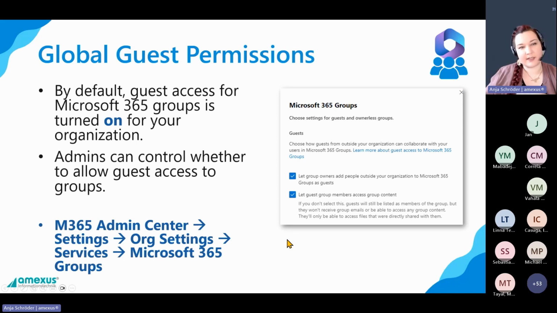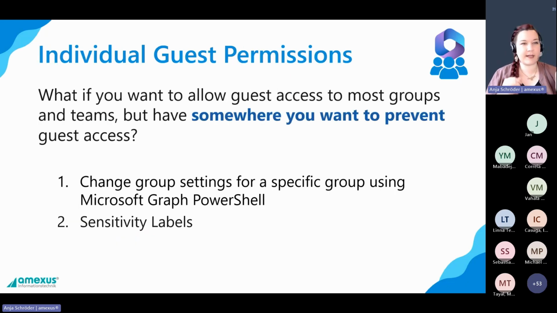After you decide if it's allowed to add guests to your groups or not, maybe you have a scenario where you think it's good that guests can be in most groups, but not in all groups. And in the configuration I showed you one slide ago, you can only choose it for your whole tenant.